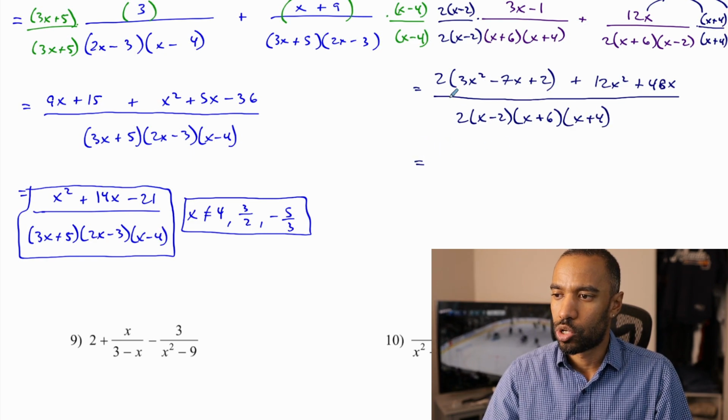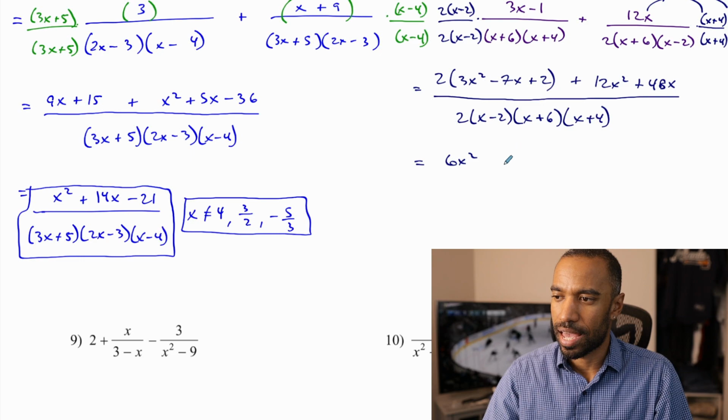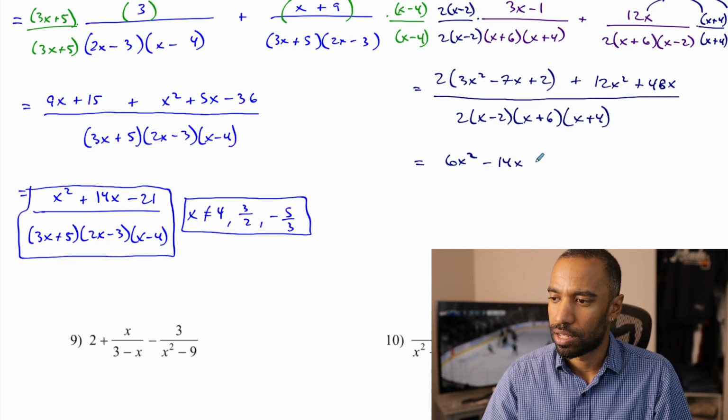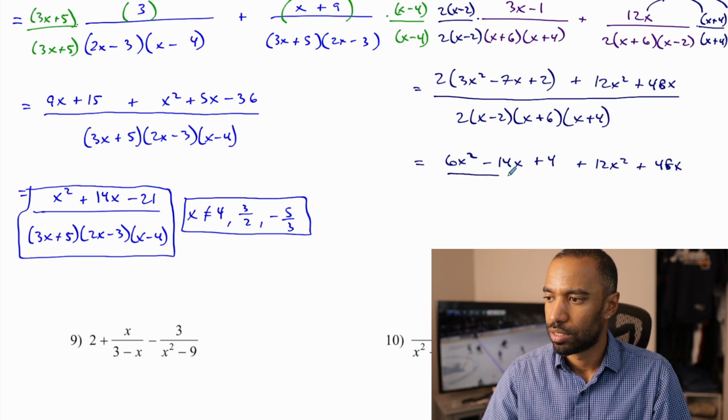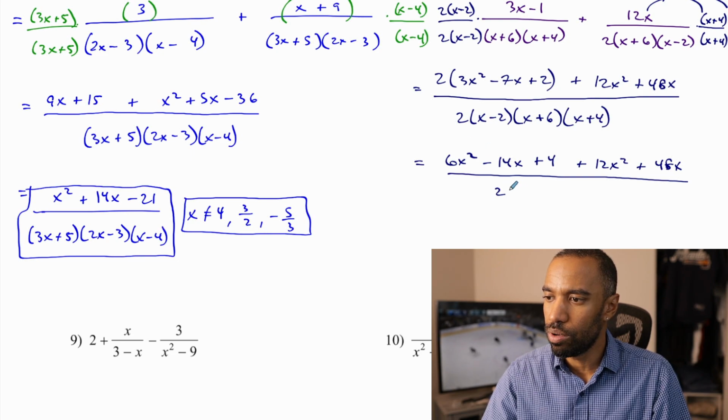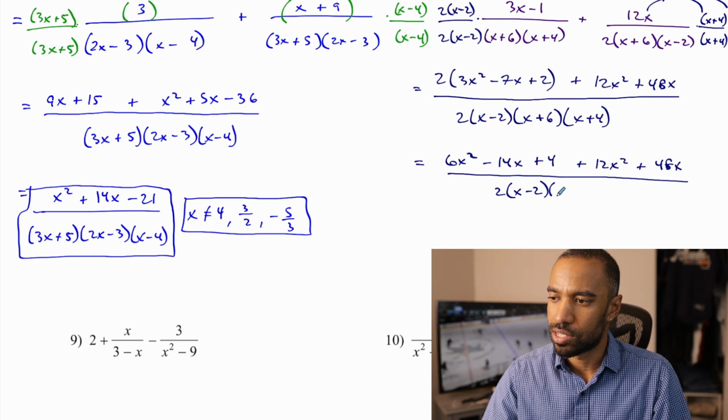All right, so we distribute the 2 now. That's 6x squared minus 14x plus 4 plus 12x squared plus 48x. Looks like those are all even. So there's this 2 in front. That's nice. This 2 in front at least might cancel out.